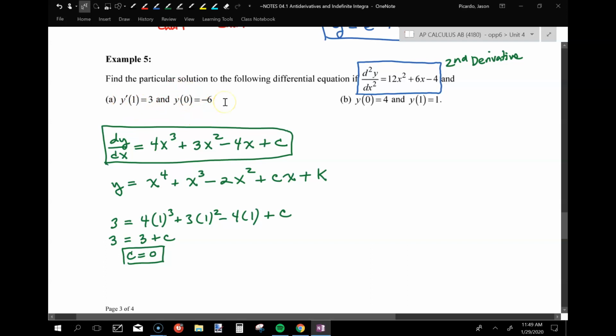For part B, it says y of 0. What does that mean? It means within the original function, when I plug in 0, I get negative 6. So within the original function, what's the original function? It's this one.